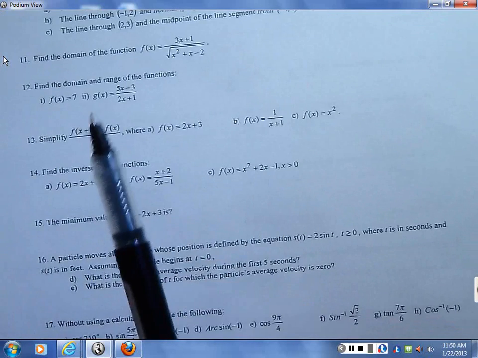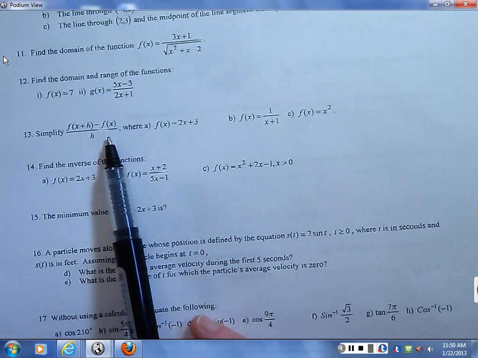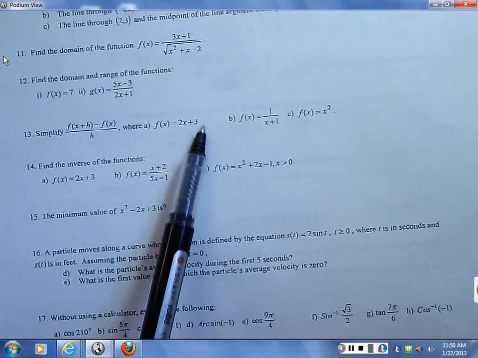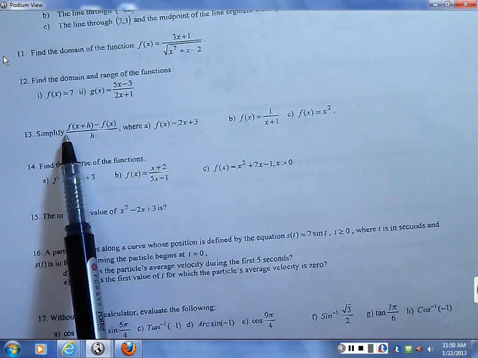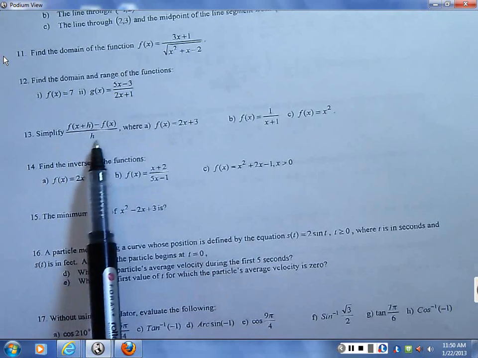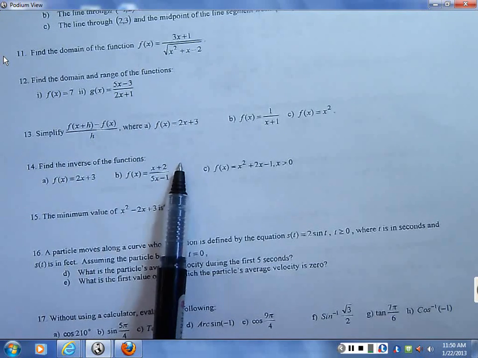Simplifying. Number 13, you're going to use this a lot in calculus. This is very similar to the definition of the derivative. If you have this function and you plug in x plus h, then you subtract the function, divided by h, this is called the difference quotient. You guys remember doing that in college algebra?